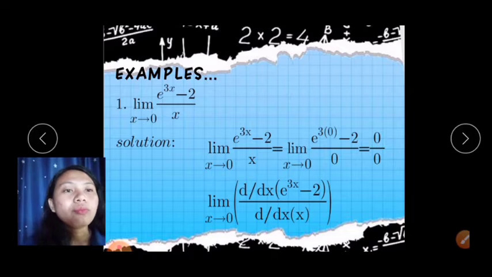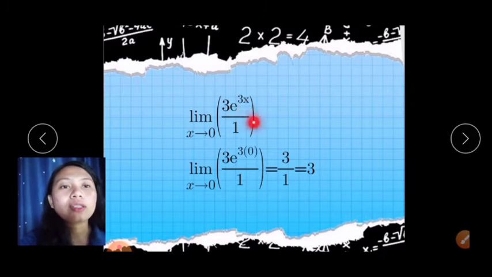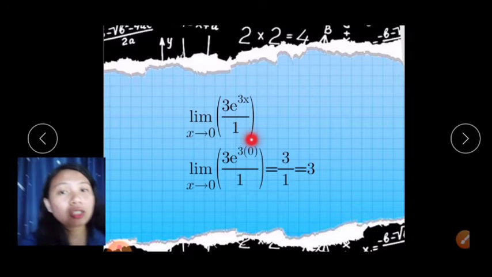So the answer is limit as x approaches 0 of 3e to the 3x over 1. So now we have our answer from using L'Hopital's rule.